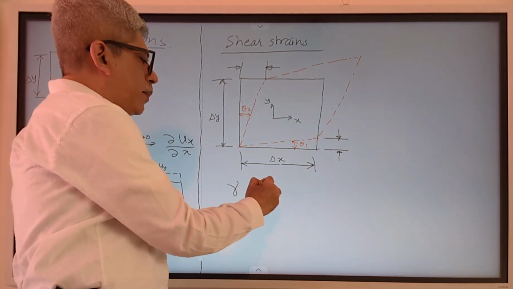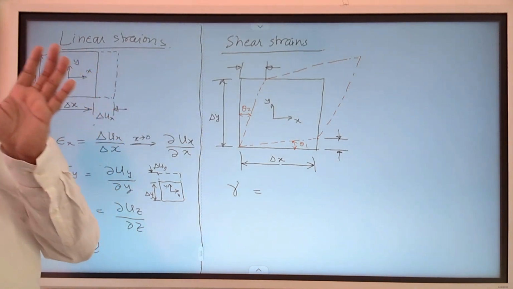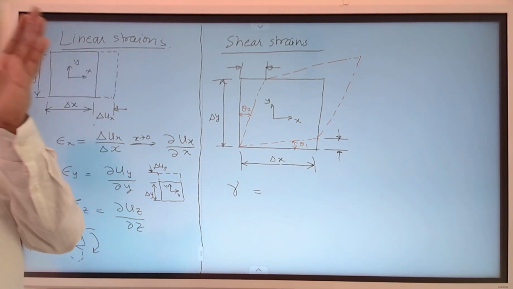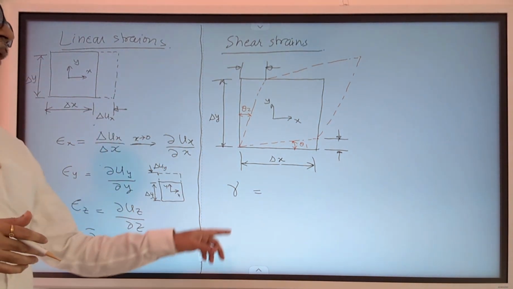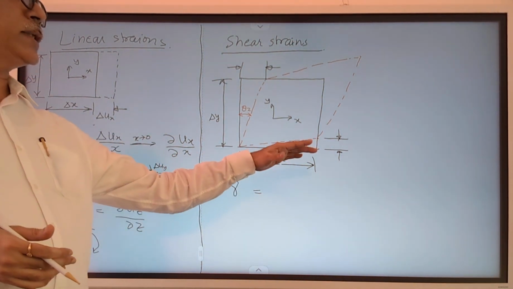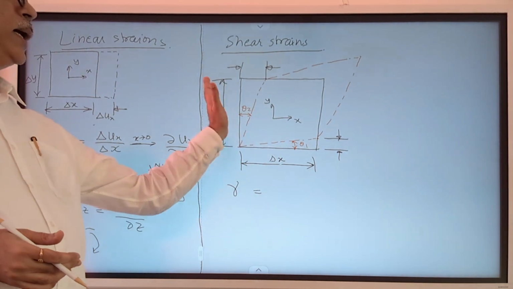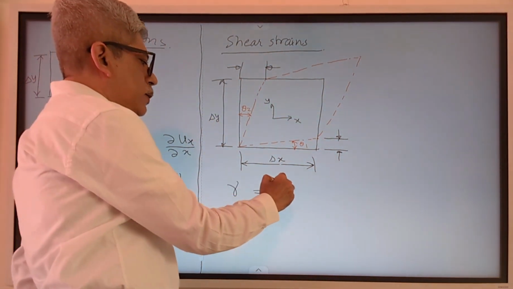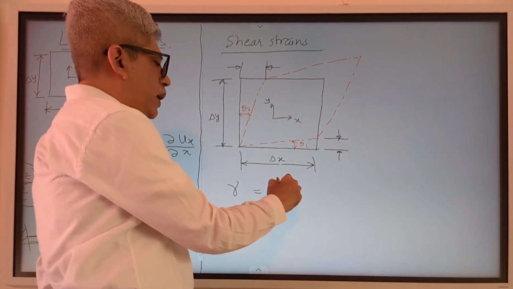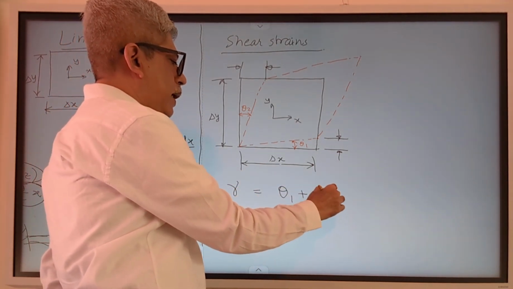So this gamma is nothing but the net angle through which the original perpendicular faces are rotated under the application of loading. In this case the face number 1 is rotated by theta 1 and face number 2 is rotated by theta 2. So this shear strain would be given as theta 1 plus theta 2.